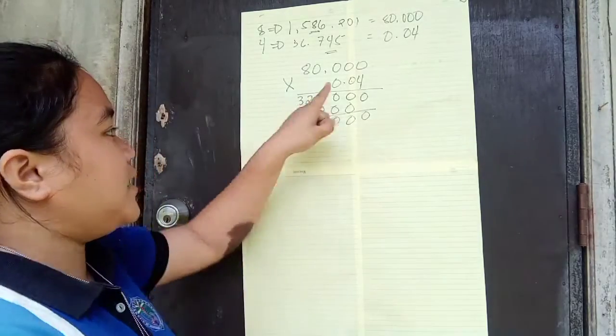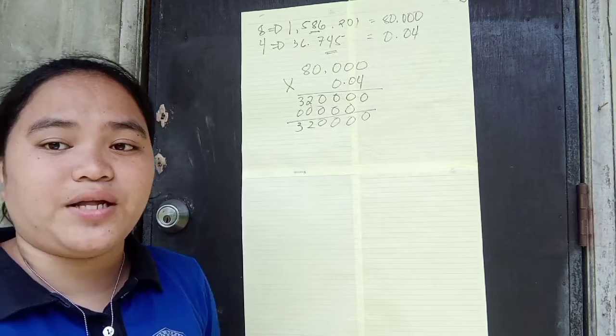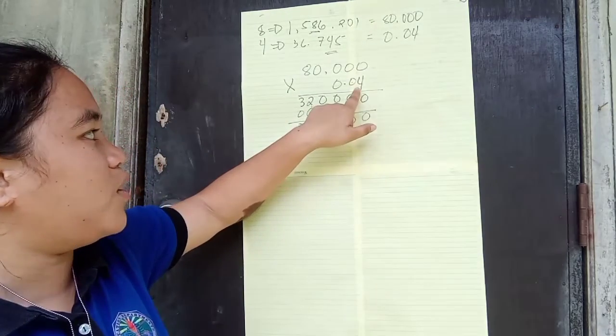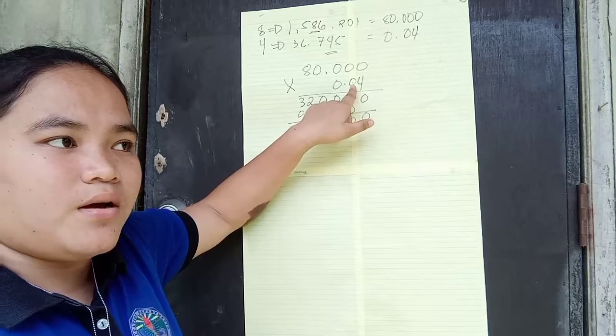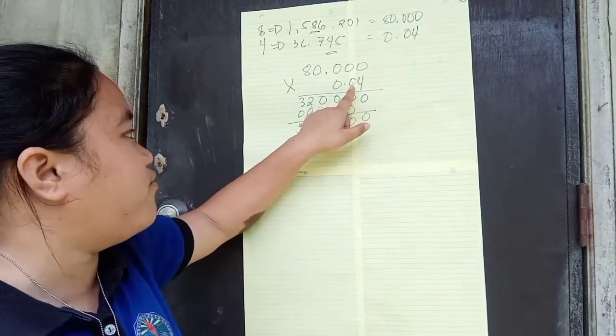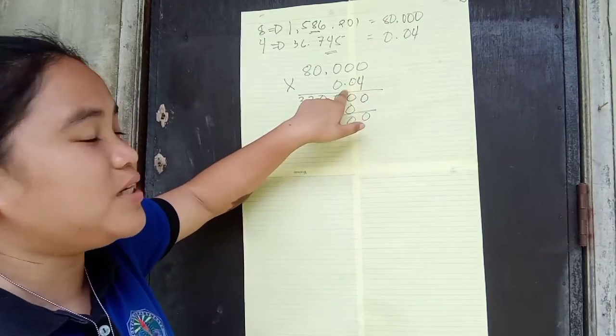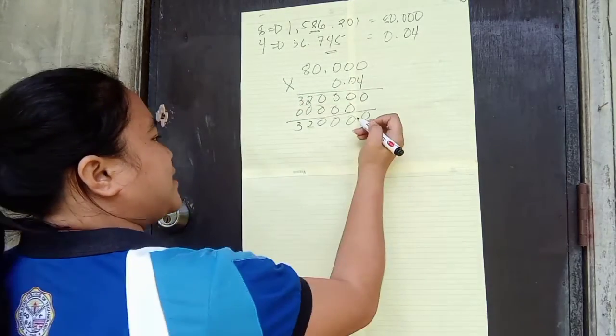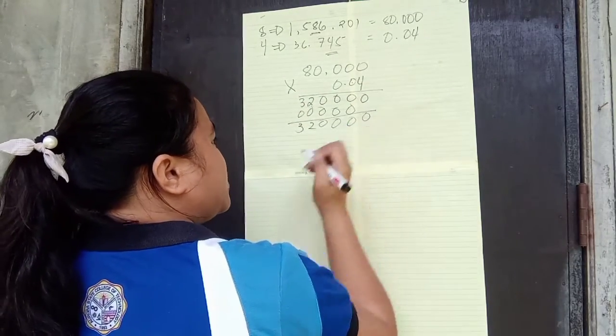320,000. No, kasi maglalagay tayo dito ng decimal point. Kasi meron po tayo dito sa ating given number yung value ng digit 4 is 0.04. So, nagkaroon ng 2 decimal points. So, ang gagawin natin, lalagyan natin siya ng 2 decimal points.